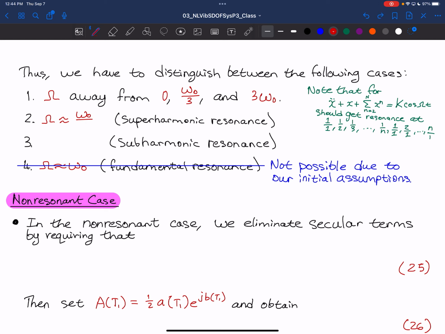This is our superharmonic resonance. The third case is when capital omega is approximately equal to 3 omega 0. You might want to try looking at that fourth case, but that's not possible due to our initial assumptions about capital omega being far away from omega 0.